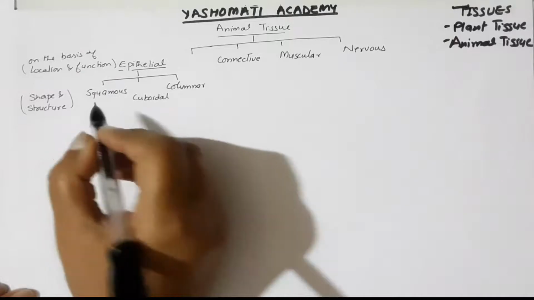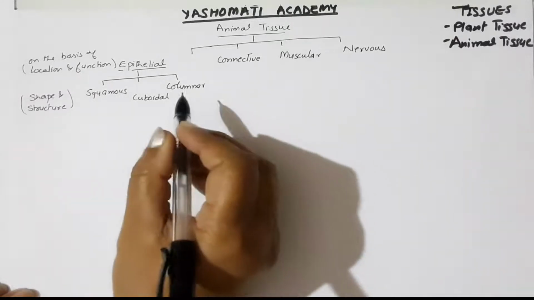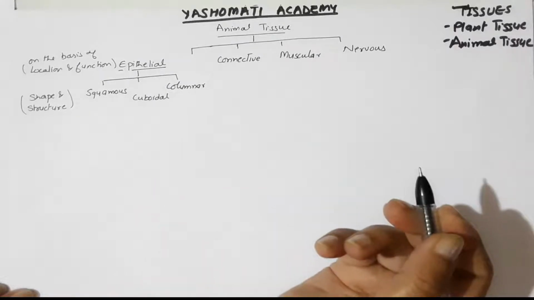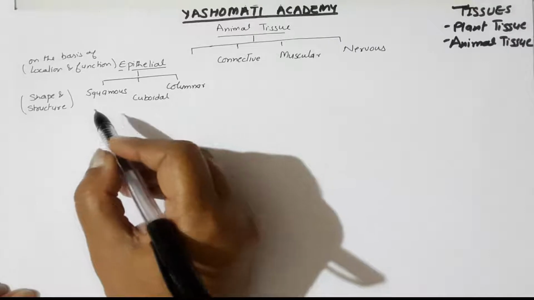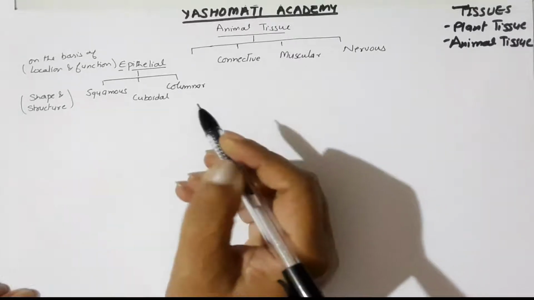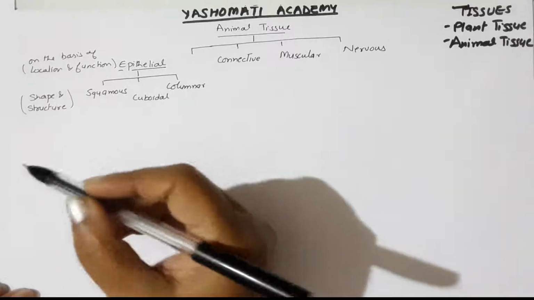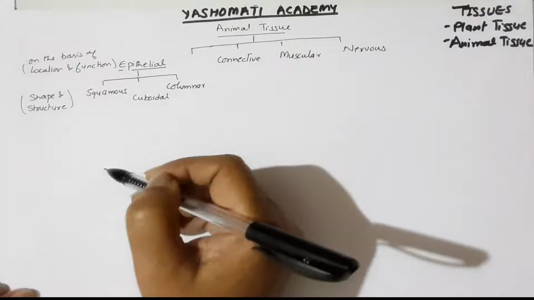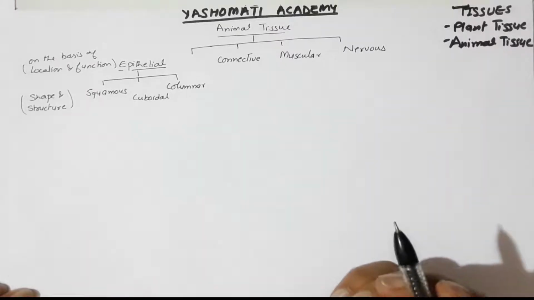Squamous means square-like, cuboidal means cube-like and columnar means column-like. So basically these words are taken from the shape which these cells have. In further study we will be studying where they are present, what type of function they are doing and how they can be differentiated from each other.